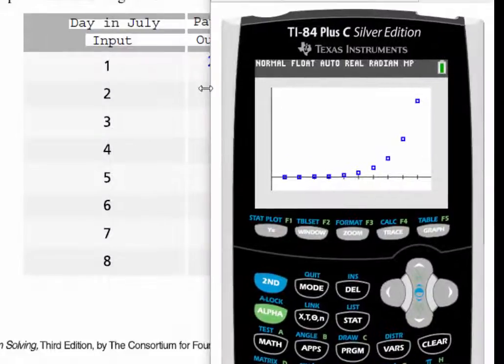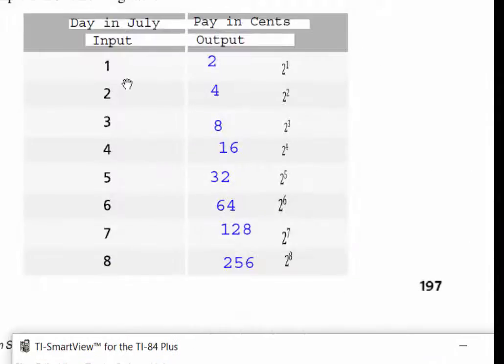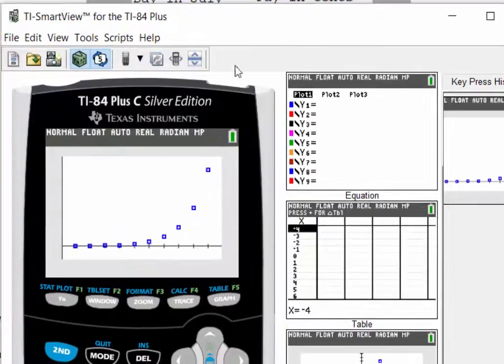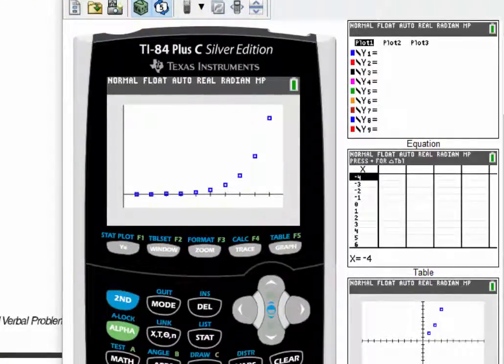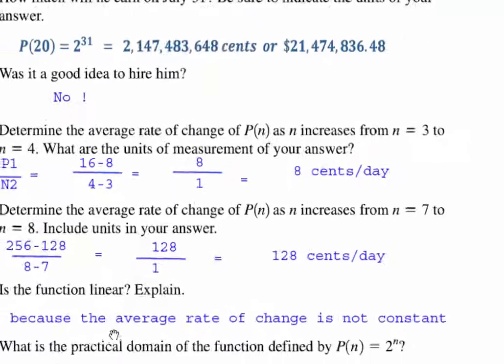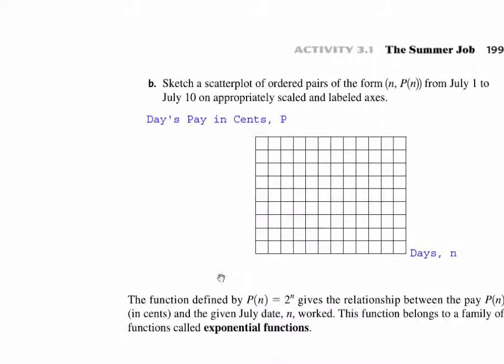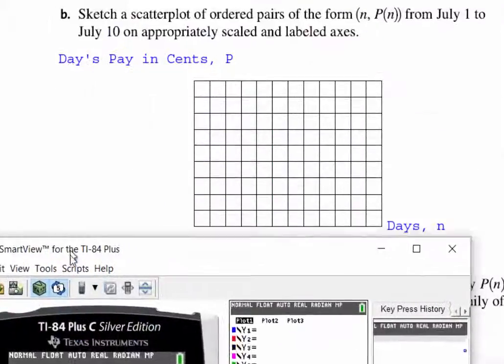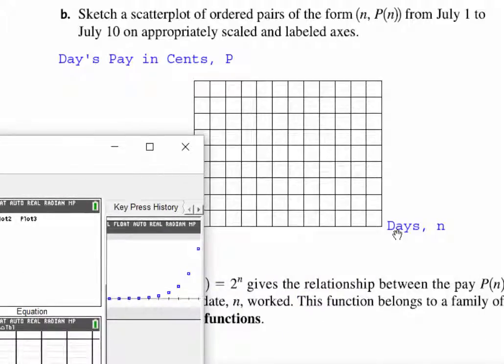If I were to graph these points as ordered pairs, 1, 2, 2, 4, and so on, this is what my graph would look like. There's no need to actually copy that into this section of your book. And it's good to note that the x-axis is days and the y-axis is the day's pay. So I typed those labels on my graph here.